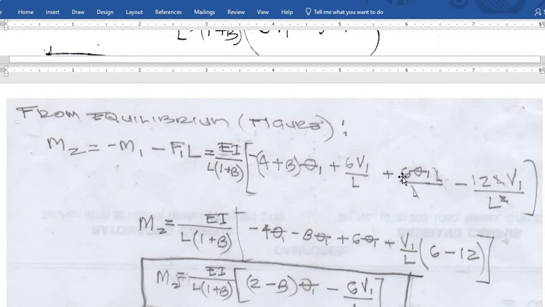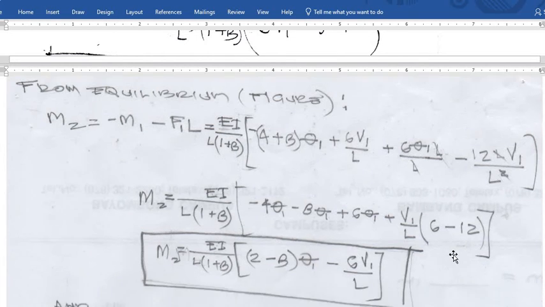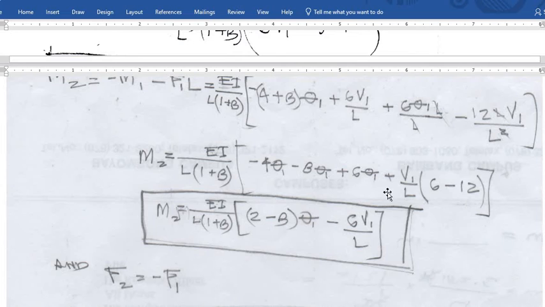Okay? And then, si V1 all over L, tsaka ito, common. Ano? So, ito ngayon si 6, napunta riyan, tapos si minus 12, ito siya. Okay? And then, simplify ulit natin ito.